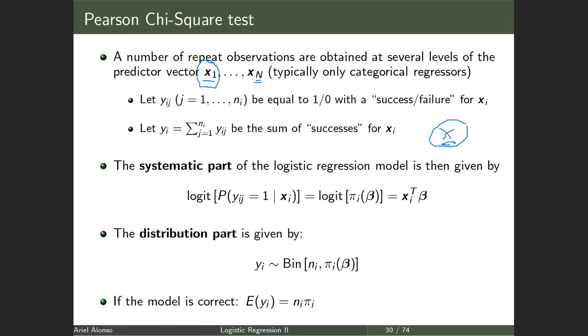It's the same. So this type of repeated measurement situation is typically what you see when you have, for instance, categorical regressors, because then you are in an ANOVA setting, actually. And then the vector X, xi, defines a cell in the table. And you have n different values for your covariates, because this is the number of cells you have in your table, right?